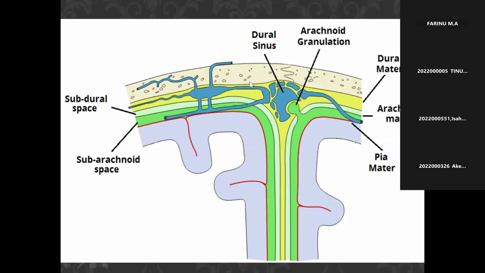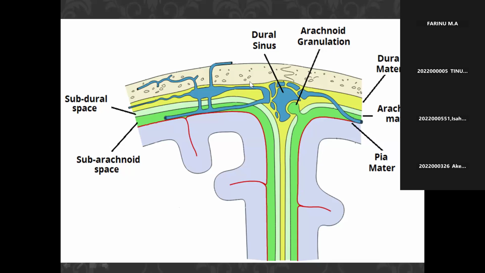And I said, okay, look at this diagram now. This is the diagram of the meninges. You can see we have the dura mater, the arachnoid mater. I told you that meninges is made up of these particular layers: the dura mater, the arachnoid, and the pia mater. So when we are talking about meningitis, the dura mater is not really affected.